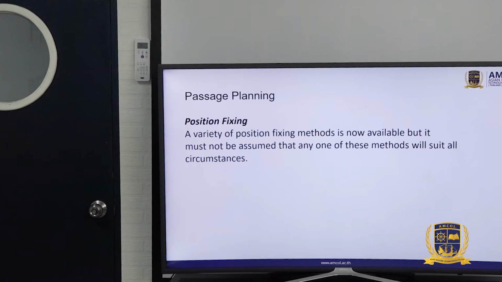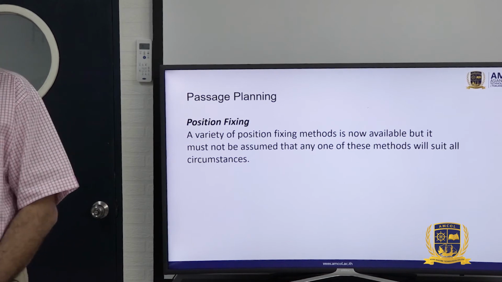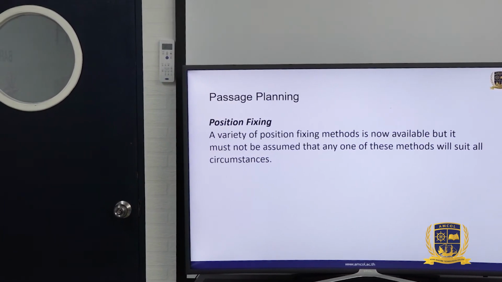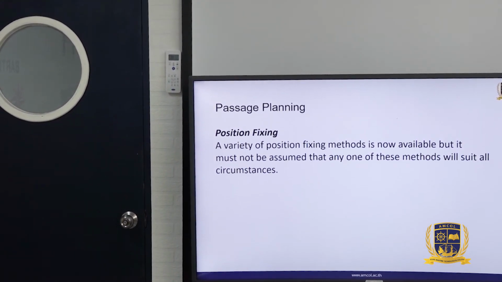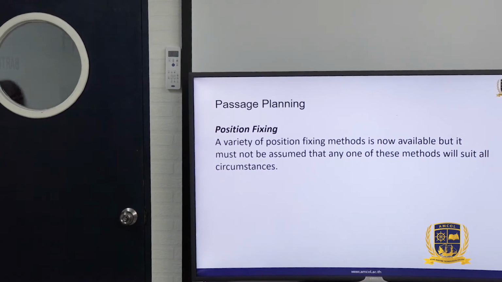And you also have to state in your passage plan the frequency of position fixing. For example, every company will have their own requirement, but as a good practice, normally in open waters, you will fix position every 1 hour. In closed water, you might do it every 15 minutes or 20 minutes, depending on the circumstances.